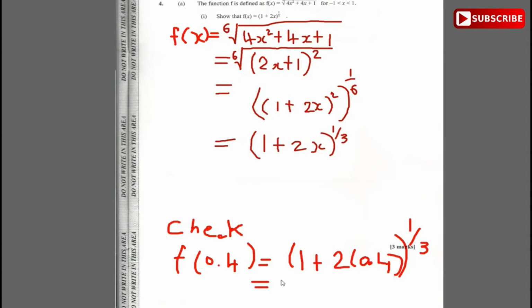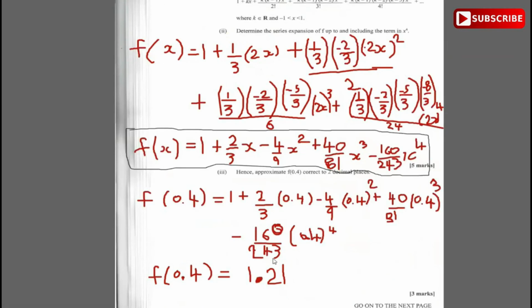I get 1.22. So now I notice that I get 1.22, and this is pretty much close. So I know we didn't make any mistake. So good, nice and soft. We may continue. All right.